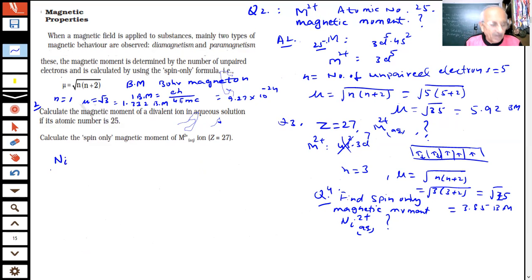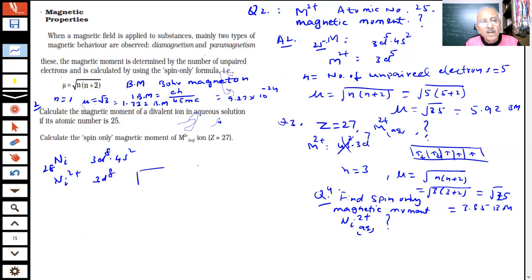Nickel is 28, with configuration 4s2 3d8. Yes, sir. This first series we have to learn, because they will not give you the atomic number. Scandium to zinc we should learn. So 3d8 and 4s2. Then nickel 2 plus is 2 gone, 3d8.